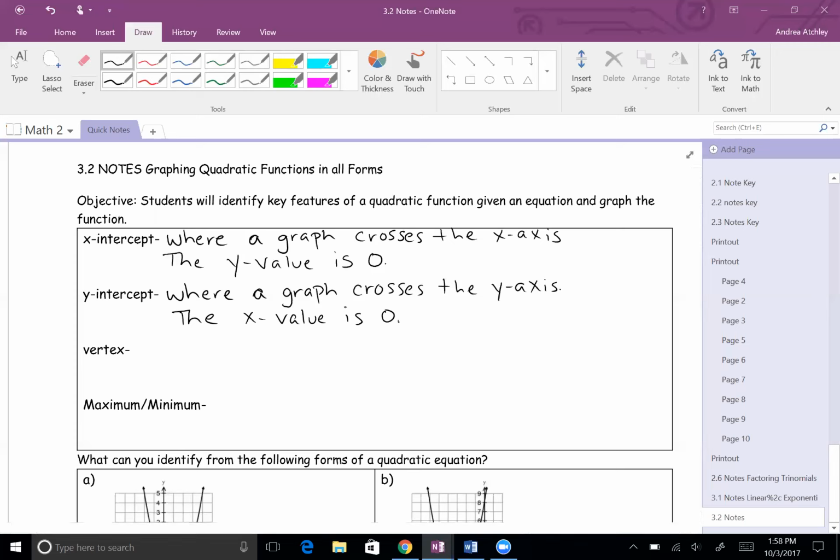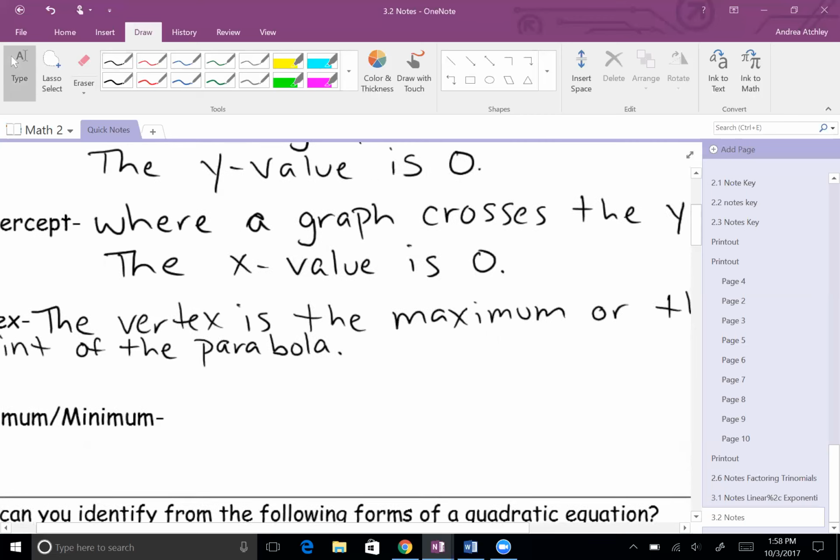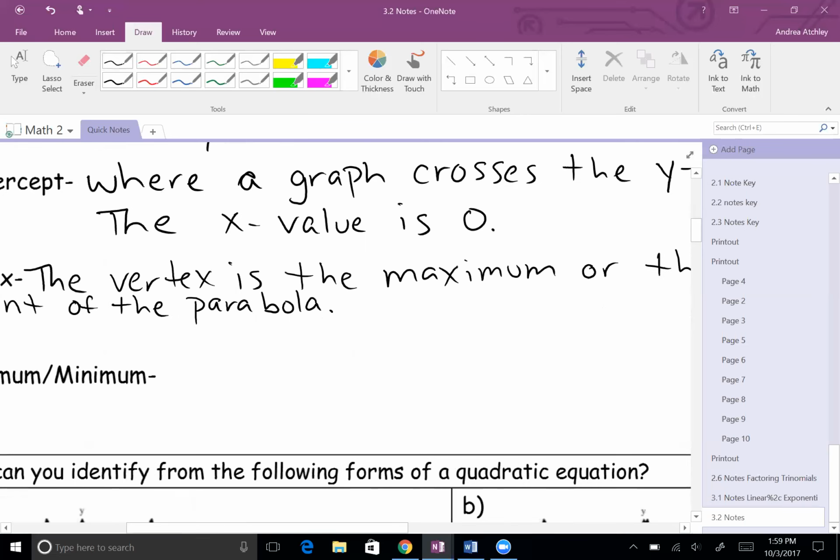It can be either one, depending on which way it's facing, and I'll show you. It is the maximum or the minimum point of the parabola.